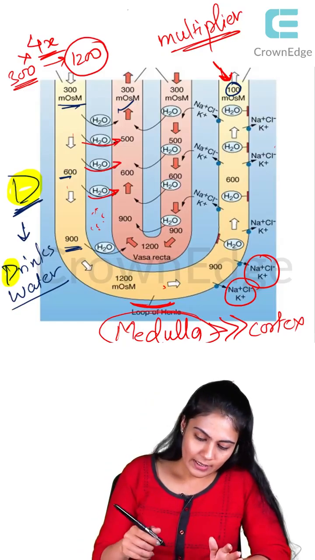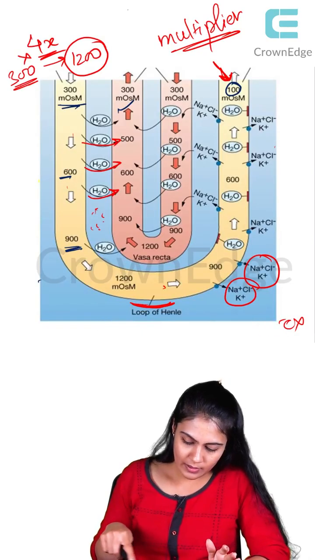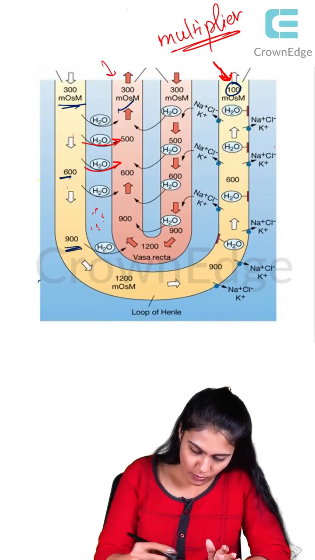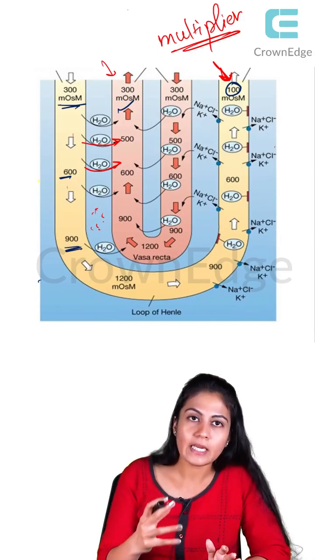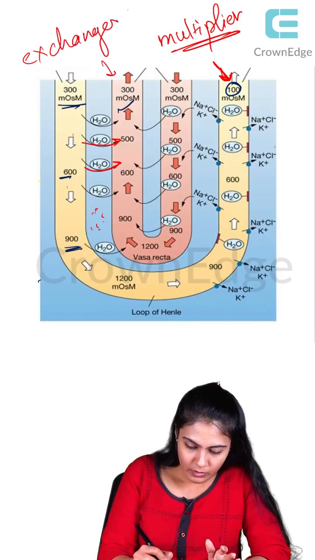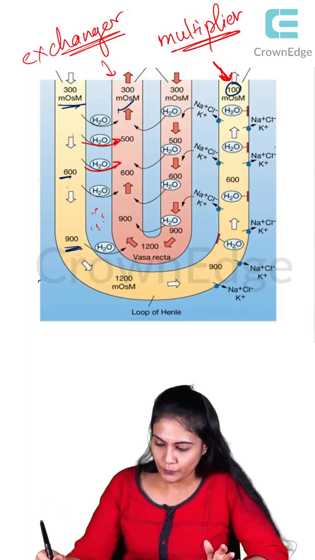So the vasa recta is known as the countercurrent exchanger. What is its function? It is maintaining the osmolarity by exchanging the water molecules. That's why it is known as the exchanger.